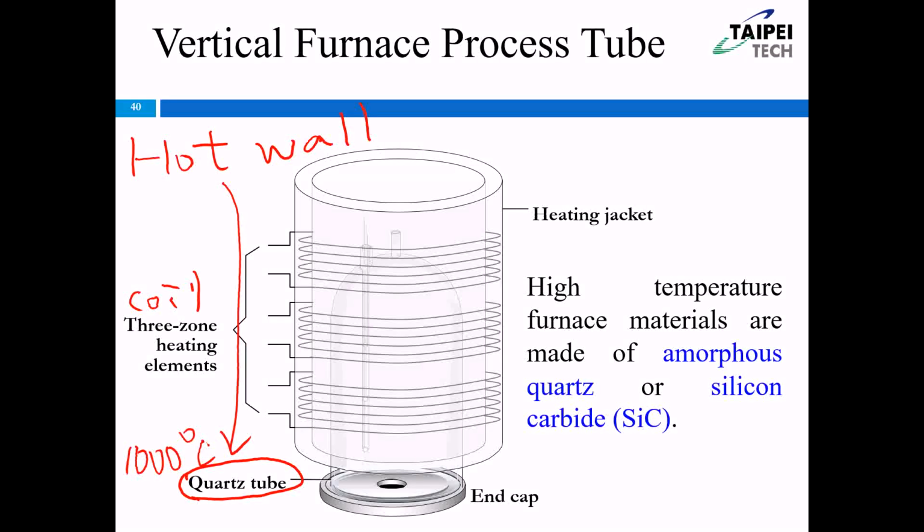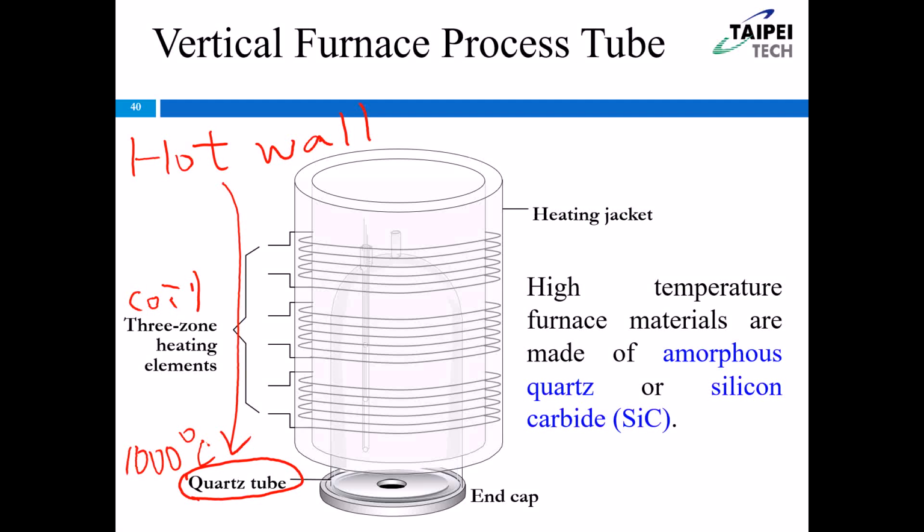So the whole quartz tube has the same temperature of 1000 degrees Celsius. So that's the reason we call the furnace the hot wall system, because the whole chamber, the whole quartz tube has the same temperature as 1000 degrees Celsius, okay? So we say this system is the hot wall system, okay?